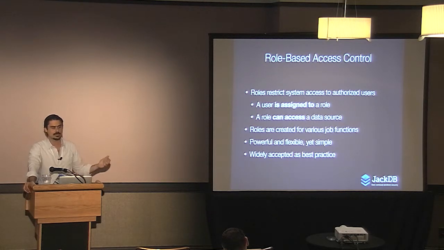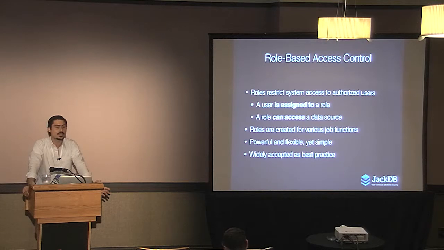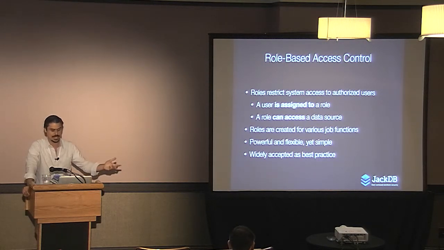Again, in my example from before, if you're working in the technology department for human resources, you're in HR tech, for example. Your job function requires access to some number of systems, so we consider that to be a role. If you're in a different finance group, that would be a separate role, and you might be part of multiple roles. It's a pretty straightforward concept, and again, if you're coming from a database background, it translates almost directly to what you see inside the database. But the difference here is that with the role you're accessing different, what we call data sources.